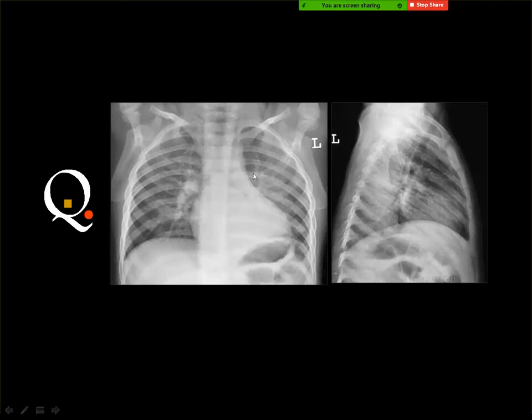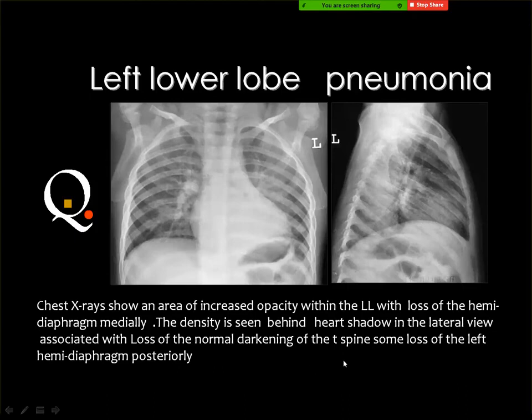If you go to the frontal view and you see an opacity here, and this opacity does not silhouette the cardiac border, meaning that it is posteriorly located, this is left lower lobe pneumonic consolidation. This is important. Retrocardiac, doctor? Yes, retrocardiac, triangular, posterior to the heart.